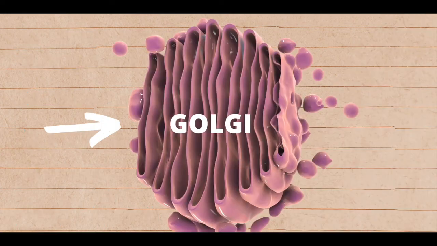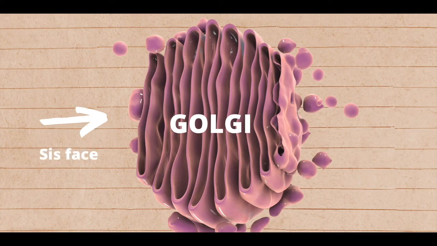There are a few parts to the Golgi apparatus that are important to remember, and one is the cis phase. The cis phase is the part of the Golgi where molecules come inwards into the Golgi. So molecules like proteins and lipids are going to enter through the cis phase.